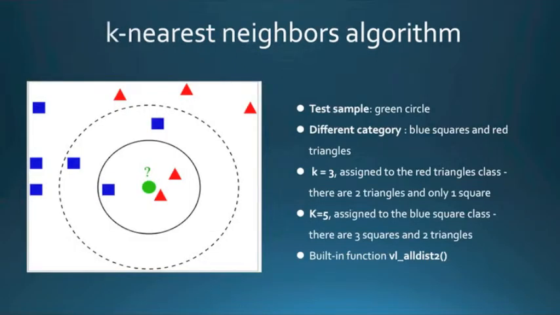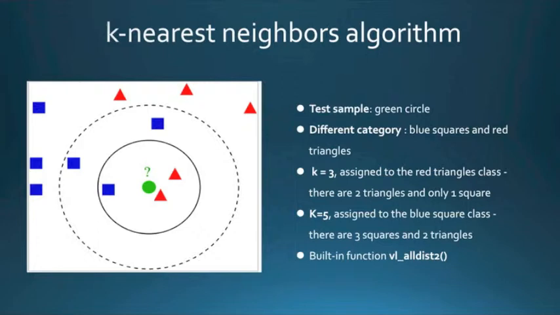We used two classifiers for training and testing. The first one is called the nearest neighbor classifier, which is based on the closest training sample in a feature space. For example, the green circle in this picture is the test sample, which should be classified either to the first class of blue squares or to the second one of red triangles.